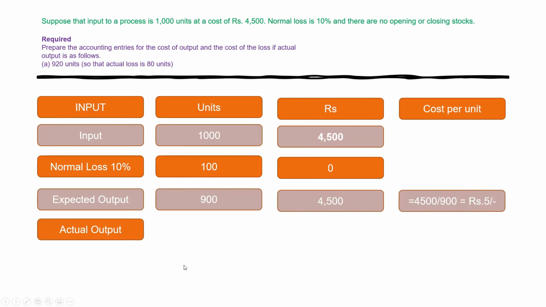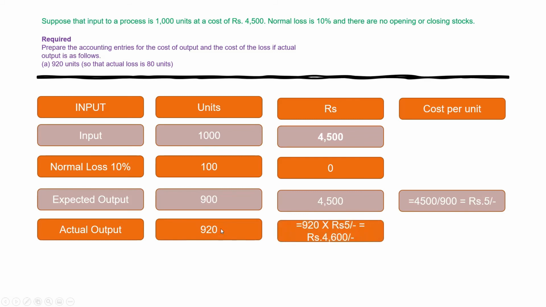Then our actual output is 920 units. We were expecting an output of 900, however, we got an output of 920. Therefore, the 4500 cost should be allocated on these 920 units. So 920 times 5 rupees per unit will be 4600.